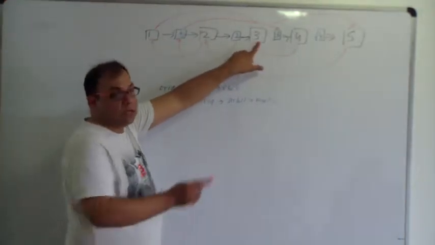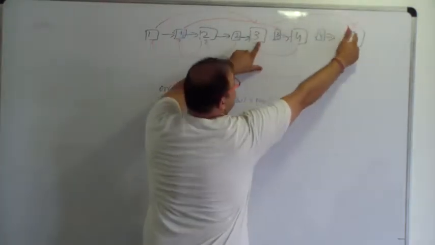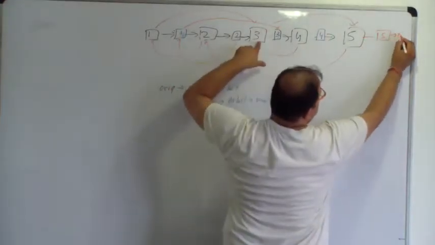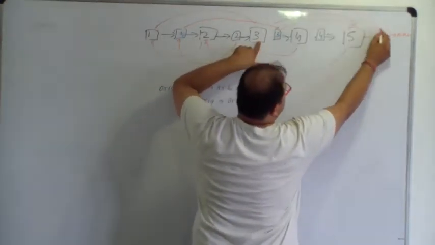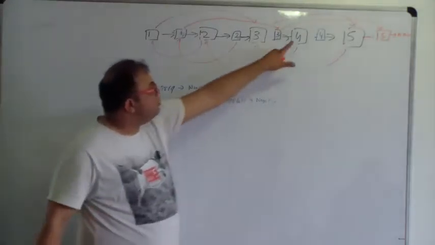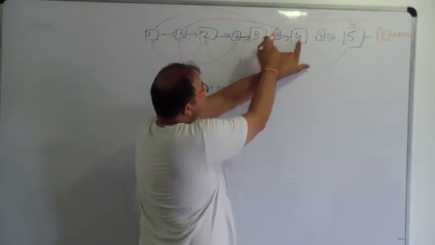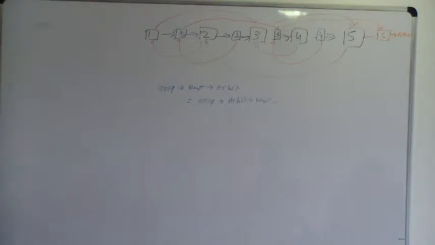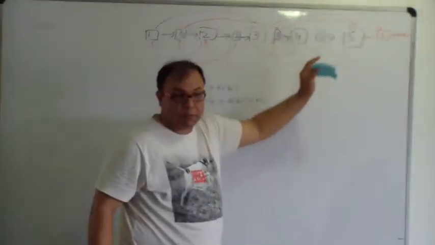Now we move to 3. 3's next arbitrary should point to 3's arbitrary next, which means 3 should point to 5. 4's next arbitrary should point to 4's arbitrary next, so 4 is pointing to 3. Now we have pointers to every one of them, right?